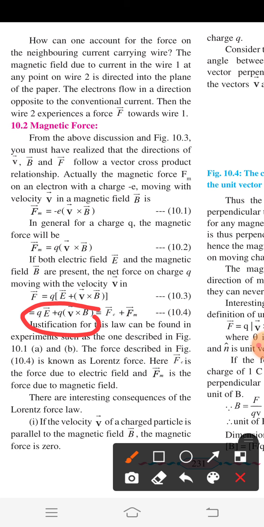Therefore V bar cross B bar is equal to 0. Therefore F bar is equal to 0. That's why in the Lorentz force, if the velocity V bar of a charged particle is parallel to the magnetic field B bar, then the magnetic force is 0.